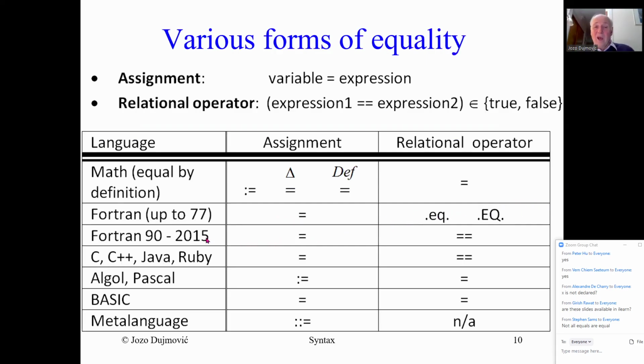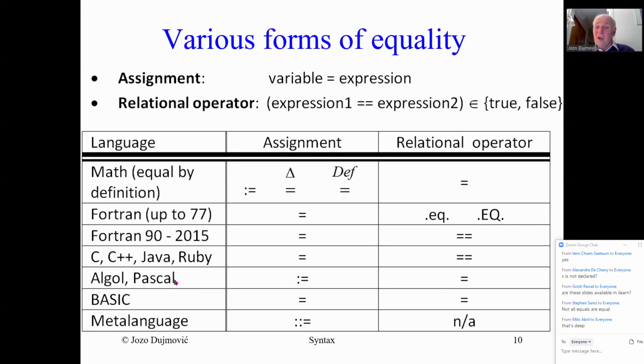And then it came in 1990, Fortran 90, and they said, we've seen that in C, it is better to have these two equality signs. So they said, we are going to steal that from C and bye-bye with EQ. So now, from 1990 to 2015, you have that this is assignment, this is relational operator. In Java, Ruby, C++, C, this was from day one, it is still that way. This is assignment, this is relational operator.